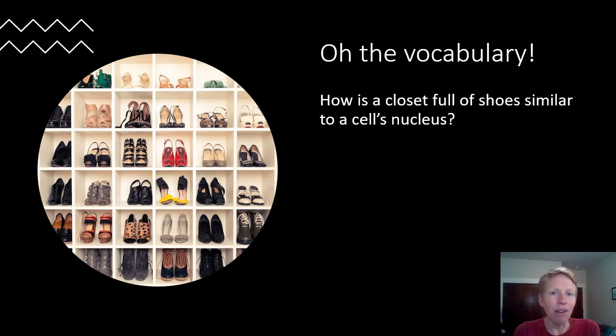Now, when we had that situation where you had only one shoe of each kind in your closet, that is analogous to your gametes, your egg or sperm, which are haploid. So in humans, the egg and the sperm only have 23 total chromosomes because they have only one of each type.